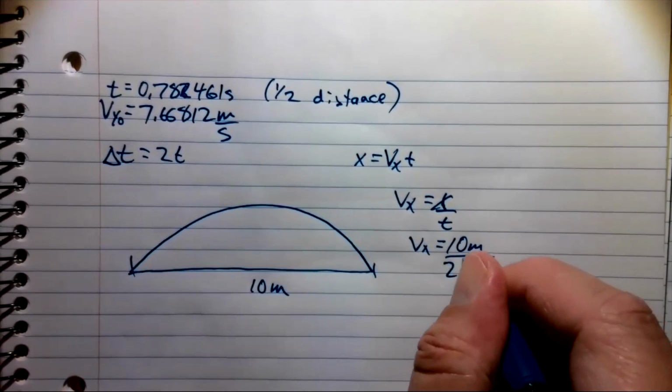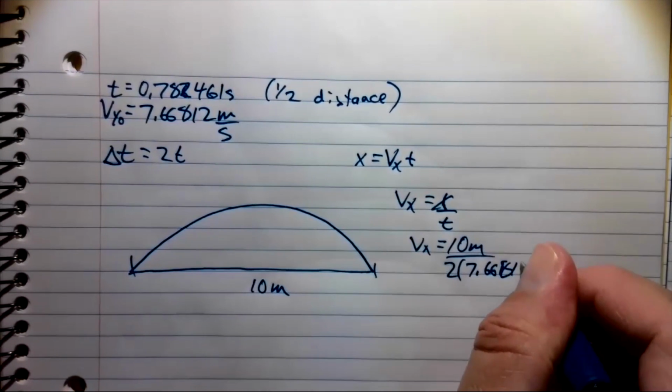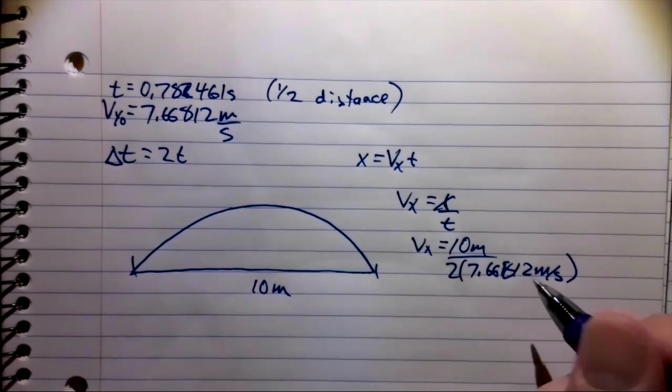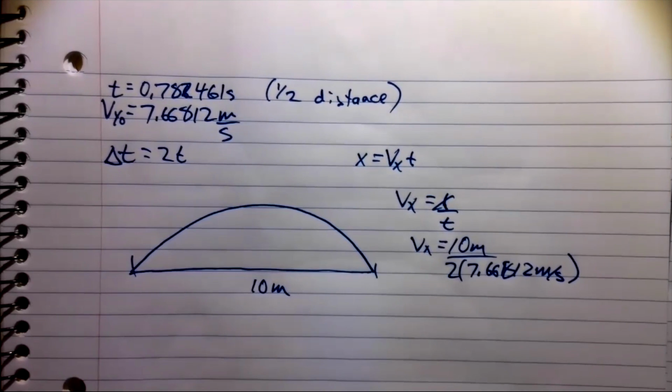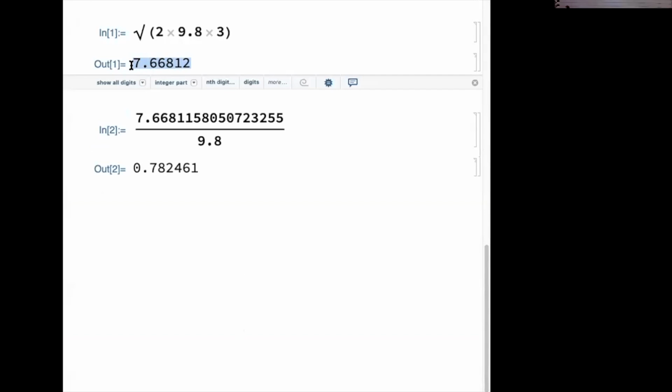So it'll be 2 times 7.66812 meters per second. Okay, we're going to put that into Mathematica. Switching to math mode. There we go. We got it. You know what? We're just going to copy that right down there.